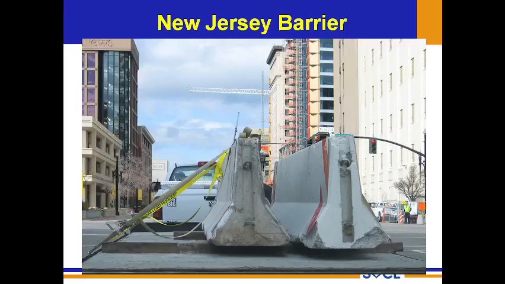Jersey barriers are also used to reroute traffic. They are named after the US state of New Jersey, which first started using the barrier as separators between lanes of a highway in the 1950s.